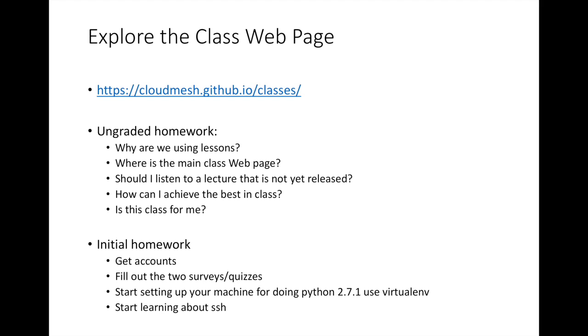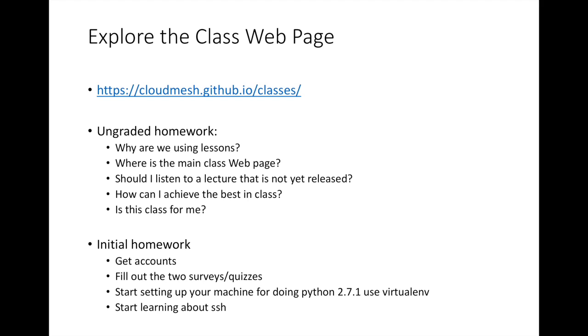The other one is that I would like you to start working on setting up a machine on which you can run Python 2.7.1 and use virtualenv. Many people have Windows PCs, so I would recommend that you download and install VirtualBox, install Ubuntu in your VirtualBox, and then use Python 2.7.